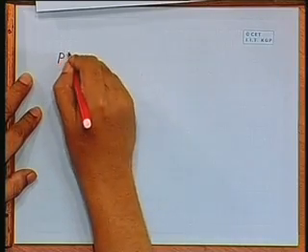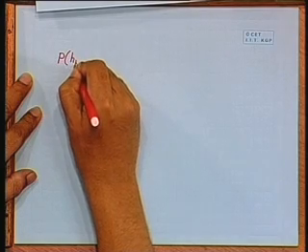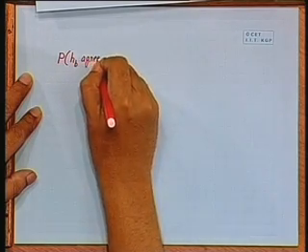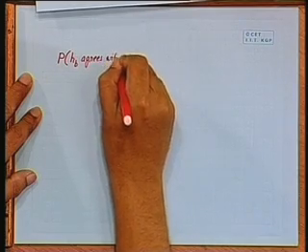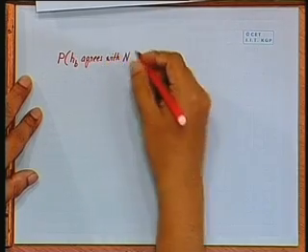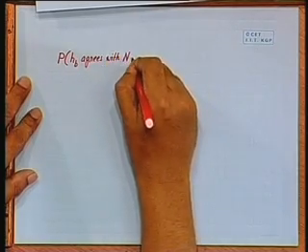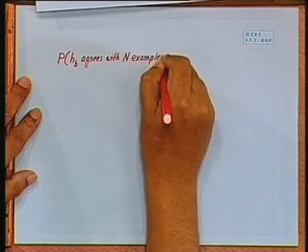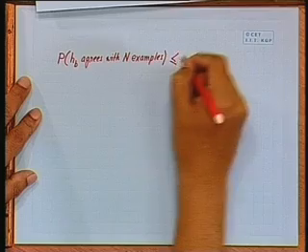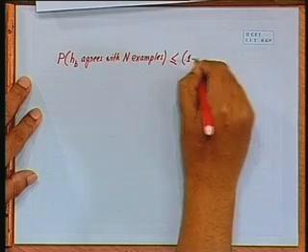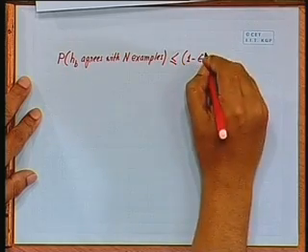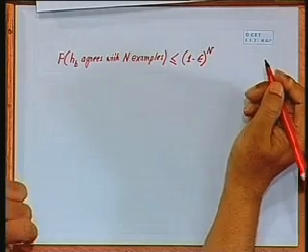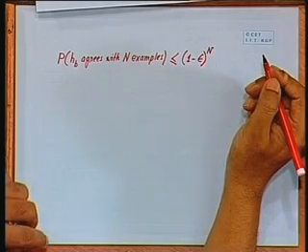Probability that HB agrees with n examples is less than or equal to 1 minus epsilon to the power of n. Why?